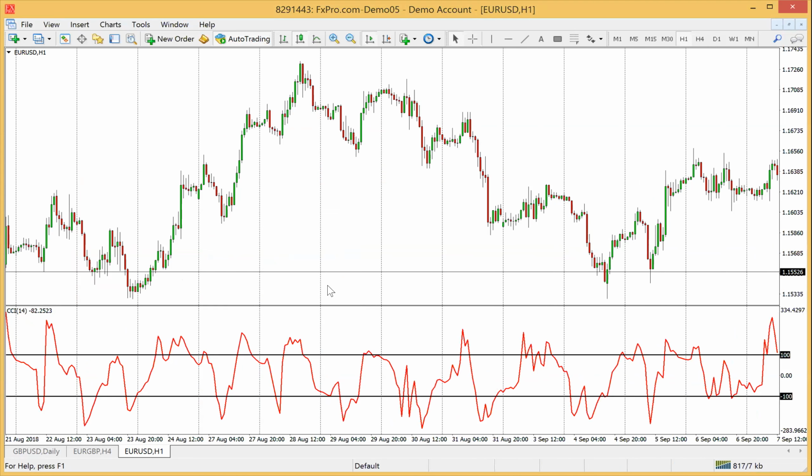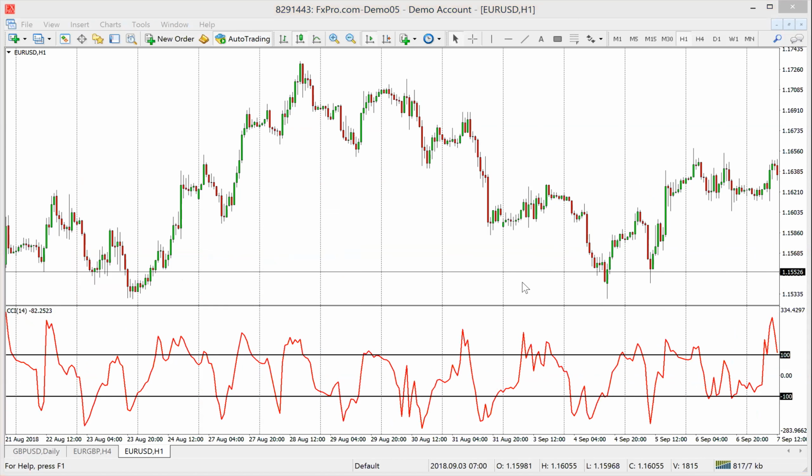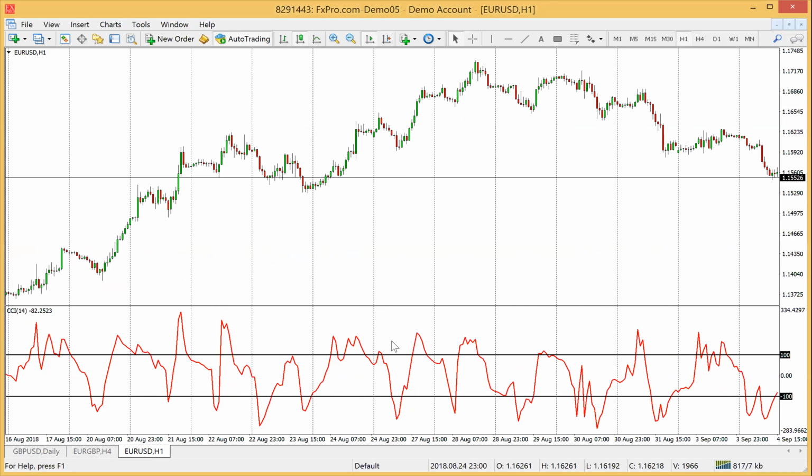So this is the CCI now. It's an oscillator. It looks quite similar to the RSI. You can use it in the same way. So you can use it for divergence, or you can use it for simply overbought and oversold. The way you'd do that is if the CCI, as in this red line, is above the 100 level, then you can say the market is overbought and you can look for positions to sell.